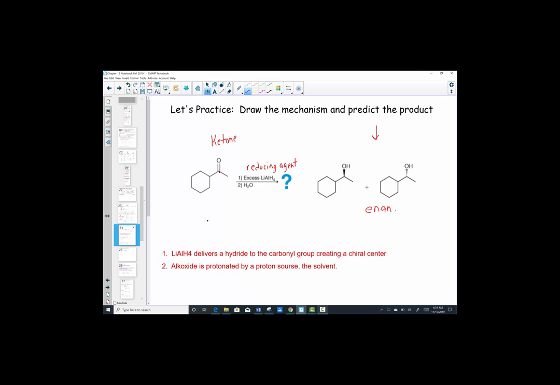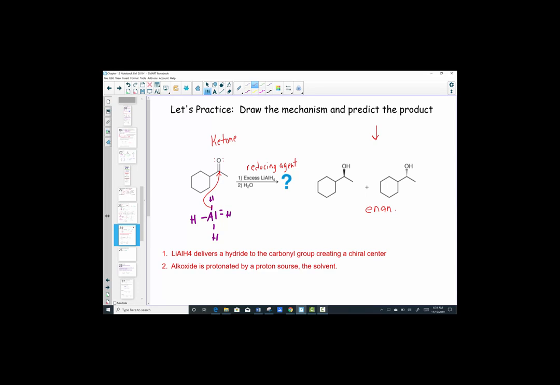First thing I'm going to do is draw in the aluminum tetrahydride, reminding myself that aluminum carries a negative formal charge because it has one too many bonds. This source of hydride originates the arrow and points up to the carbonyl carbon. That's an electrophilic carbon. The electron density is brought up to that oxygen.